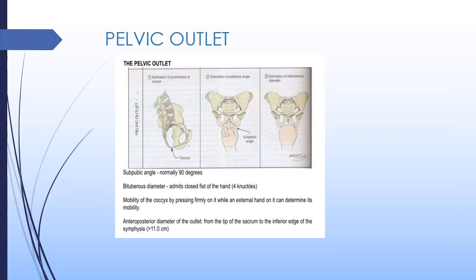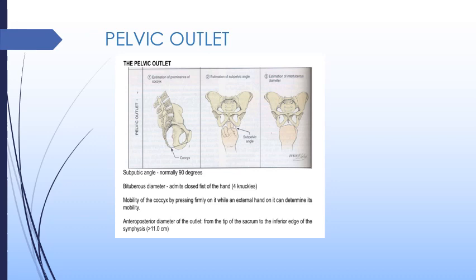The pelvic outlet may be roughly likened to two triangles, with the interischial tuberous diameter constituting the base of both. The sides of the anterior triangle are the pubic rami, and its apex is the infero-posterior surface of the symphysis pubis.